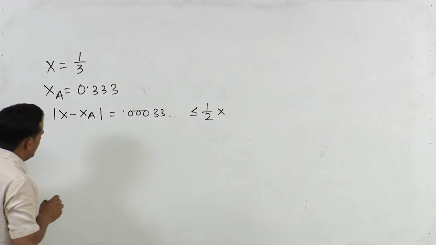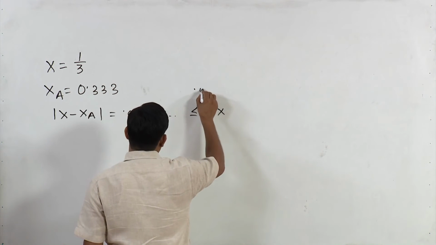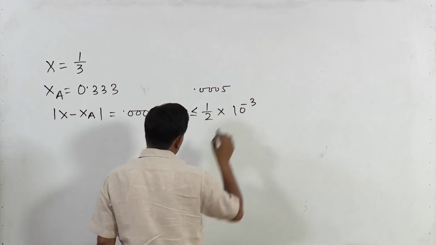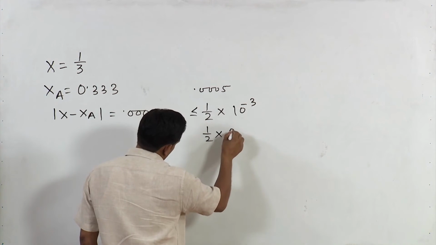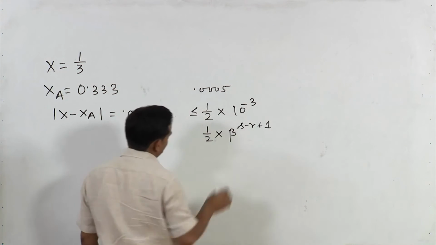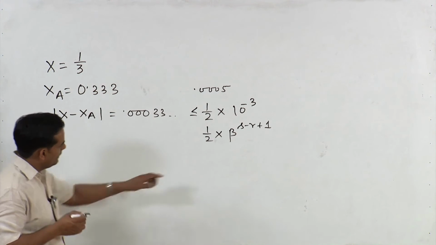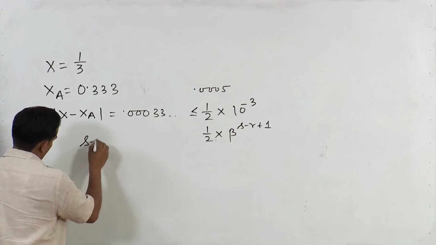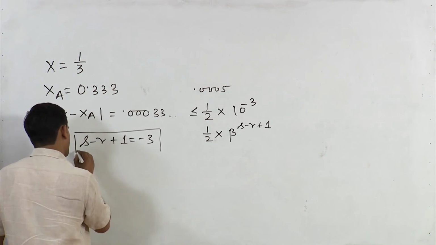If I check this, it is less than or equal to 0.0005, so 0.5 into 10 raised to power minus 3, by the given definition. Beta is the base, so the base is 10 here. Now, s minus r plus 1 equals minus 3. I got a relation.